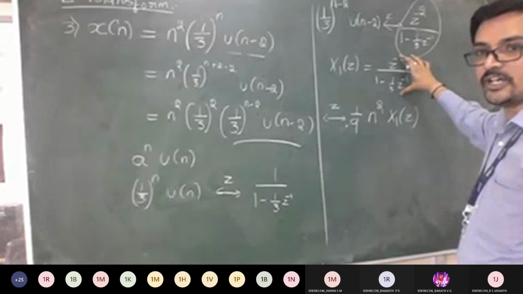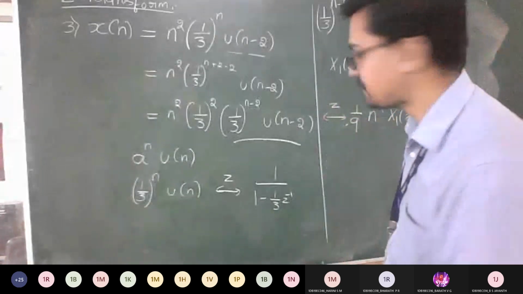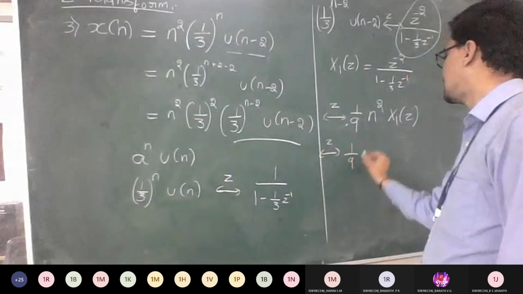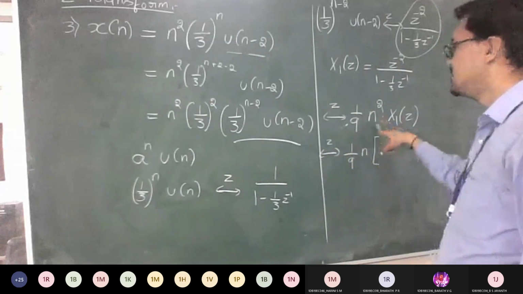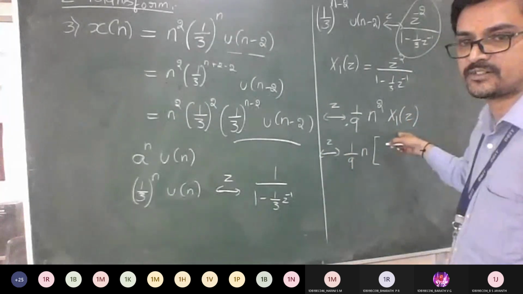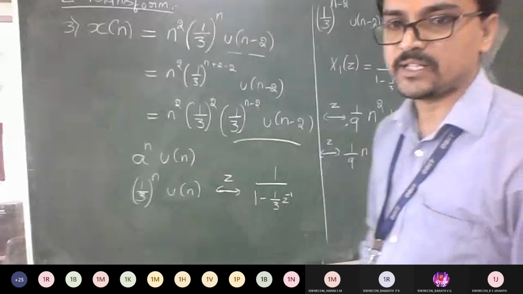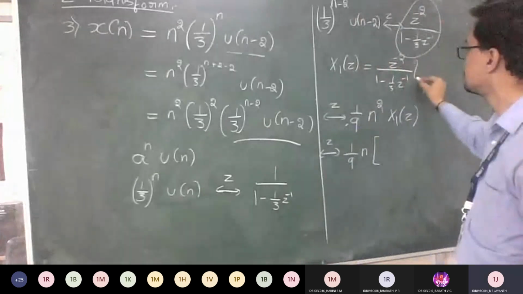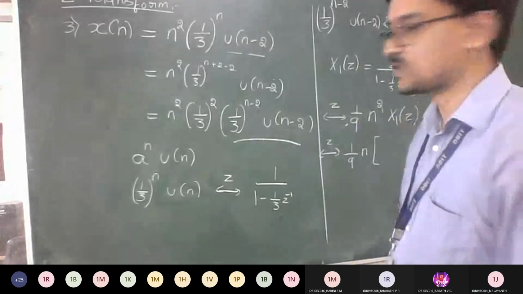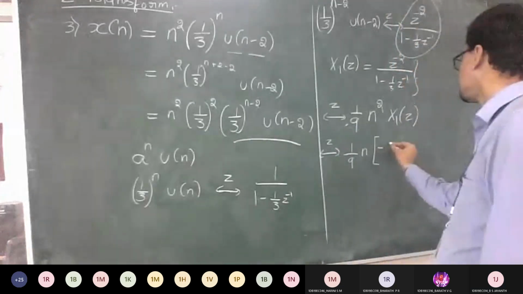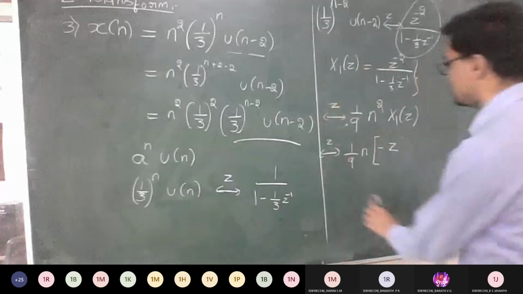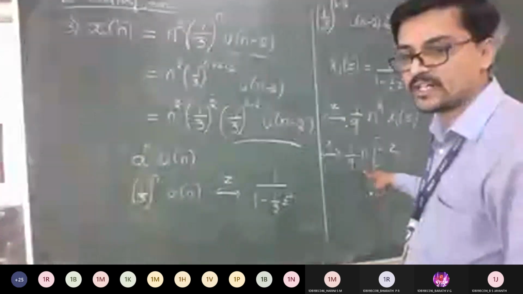So whatever term you have, differentiate it twice. After the first differentiation, how does it look? 1 by 9. Let me take n into this function. What's the formula? Apply the differentiation concept: minus z into d by dz of this. Check this out. Tell me what is the answer. Do it separately because I can't mix the time domain and the z domain.